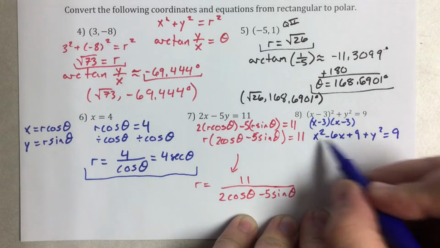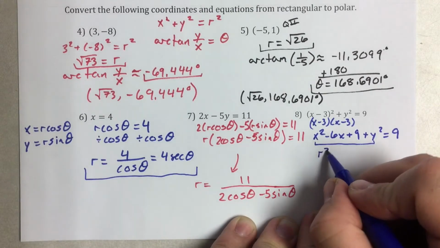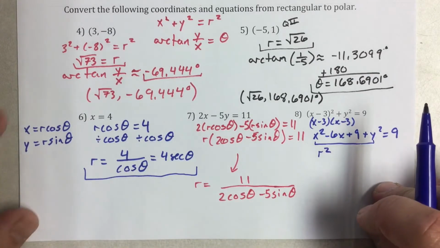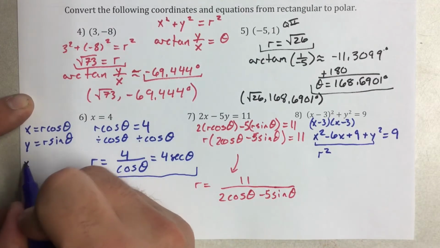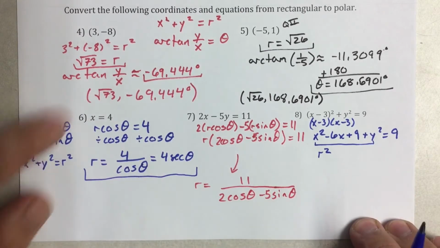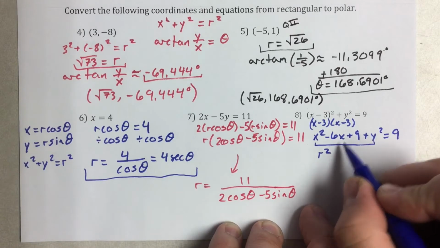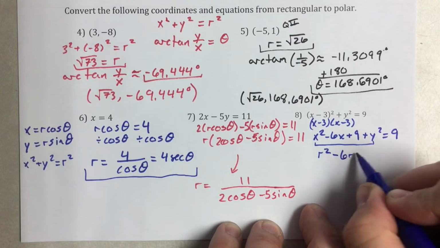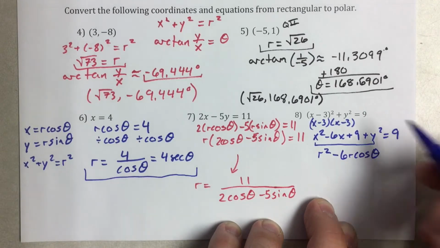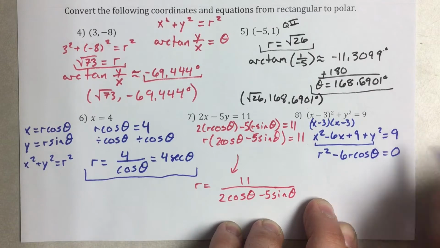I see an x squared and y squared, so that's going to come down to just r squared. I guess I should have written that down too. Over here, x squared plus y squared equals r squared. That's one of our conversion equations we already saw up here. So it's r squared, and that's the x, which I'm going to replace with r cosine of theta. And then subtract 9 from the other side, it's going to be 0.